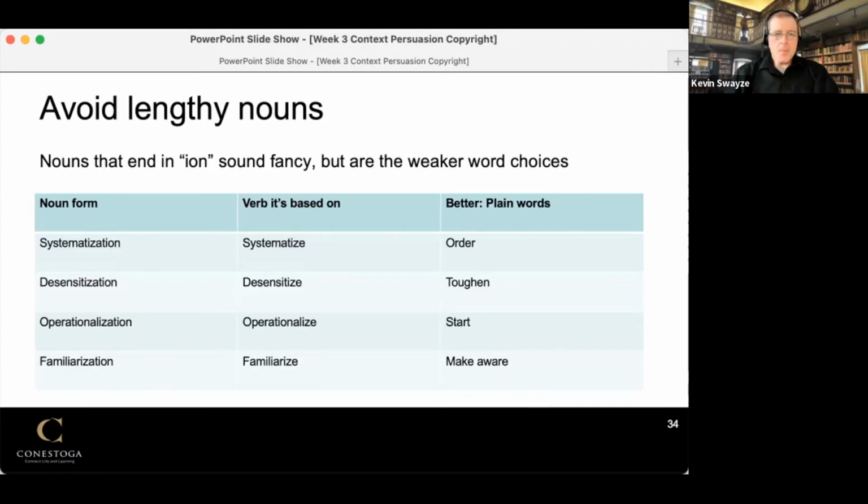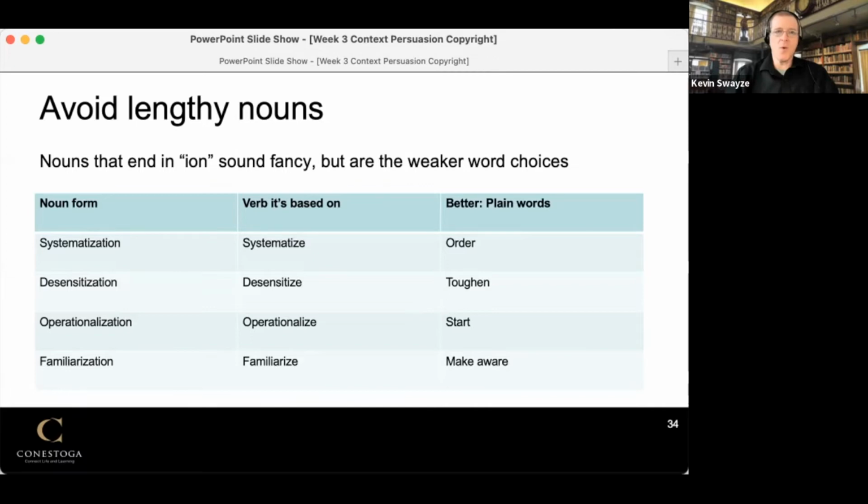Okay, operationalization. You're starting something. Familiarization. Wow. You're making aware. You're educating. Those are easier words to understand.